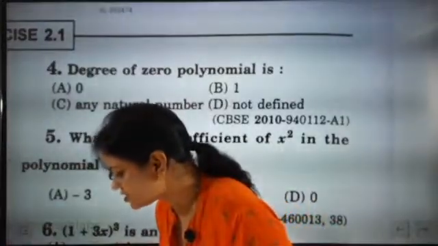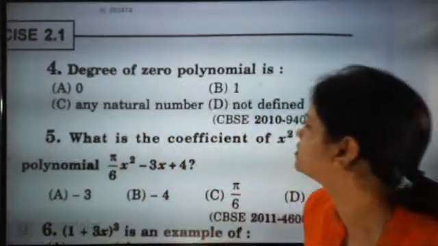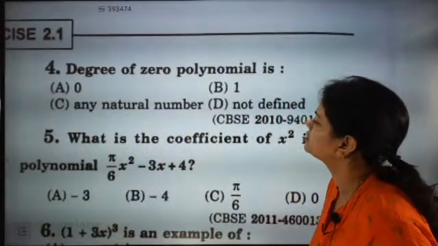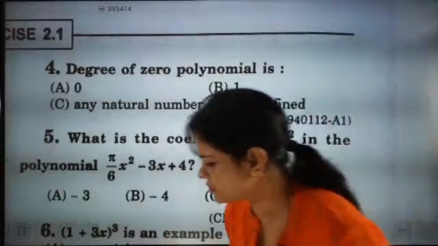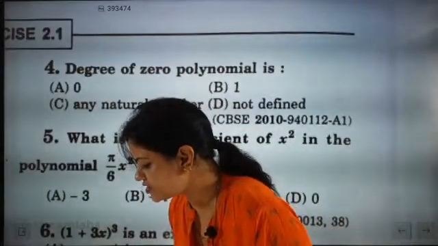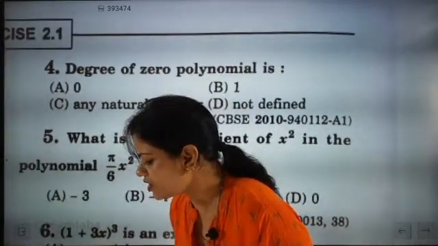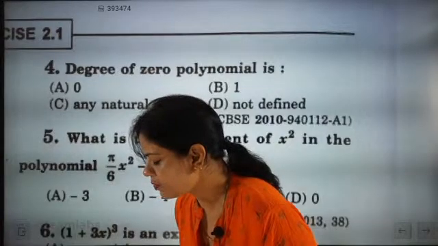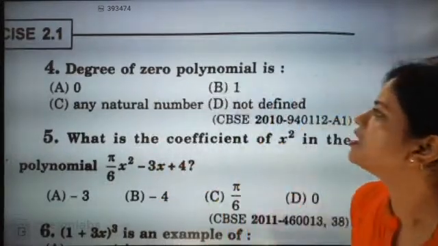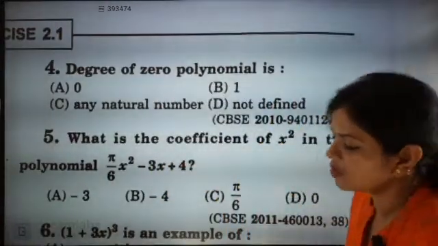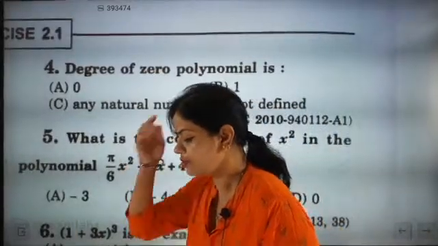Okay, let's see. Merunisa is telling E as the answer. Keshav is telling A as the answer. Good morning, Divya. No problem. Start answering the questions. What could be the degree of the zero polynomial?